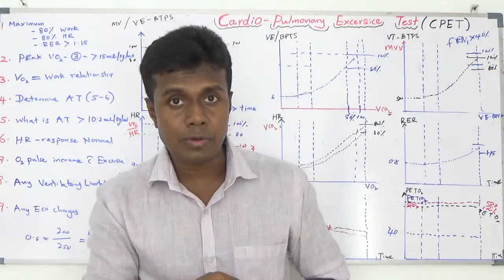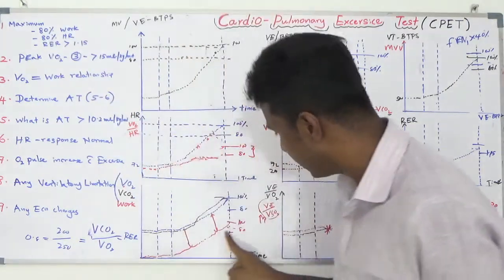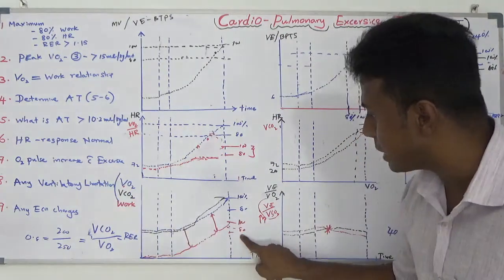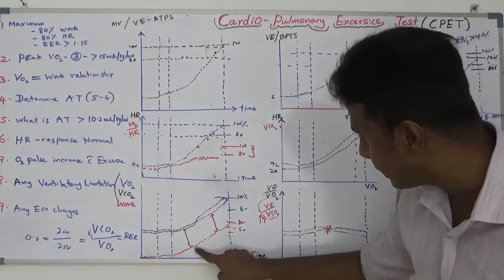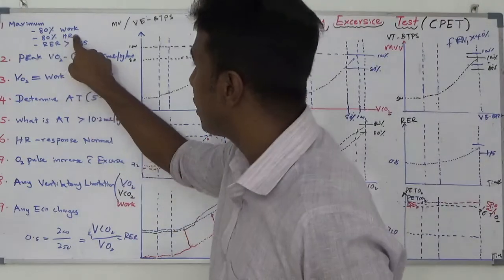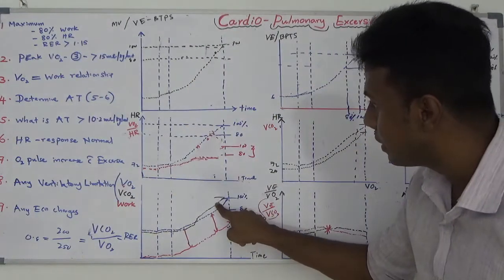Machine calculated value. Check whether your patient can achieve 80% of workload. Here, work curve. At least 80% of the 80 to 100% value here. Then check whether your patient achieves at least 80% of heart rate. Here, heart rate.